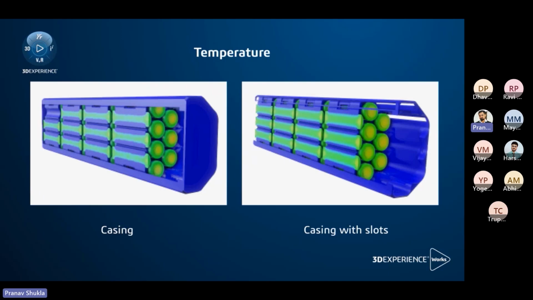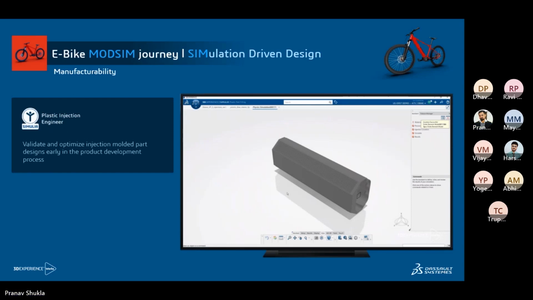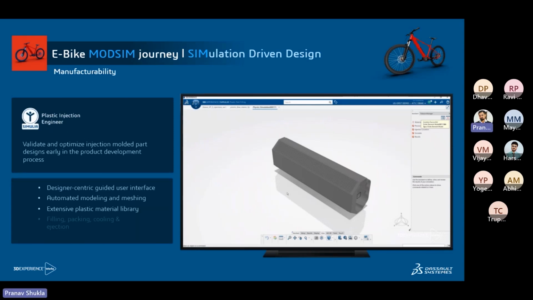To address this concern, the supplier connected SolidWorks to the 3D Experience platform. By doing so, they are able to take advantage of the thermal simulation capabilities available on the platform. The connected simulation assesses the battery cell and casing temperature under maximum operating torque condition.